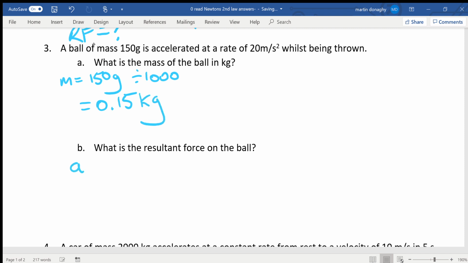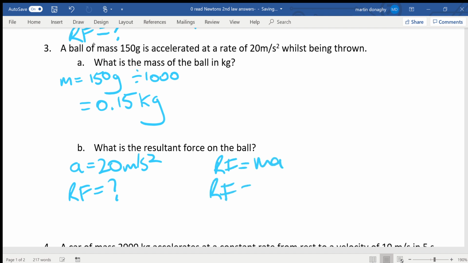Only then, once we've got that, can we use our acceleration in conjunction with that to find out the resultant force. So RF equals MA, RF equals mass is 0.15 times 20. So the resultant force will be 3 newtons.